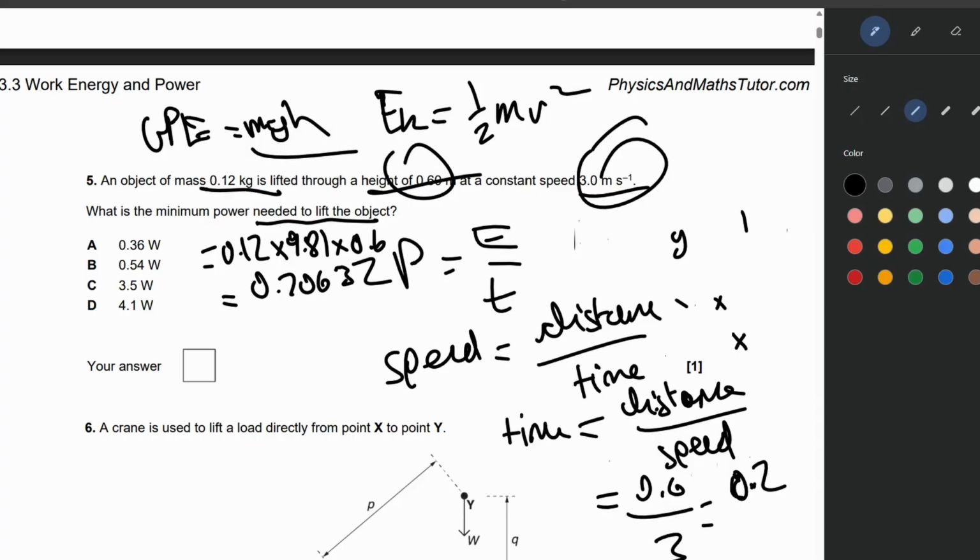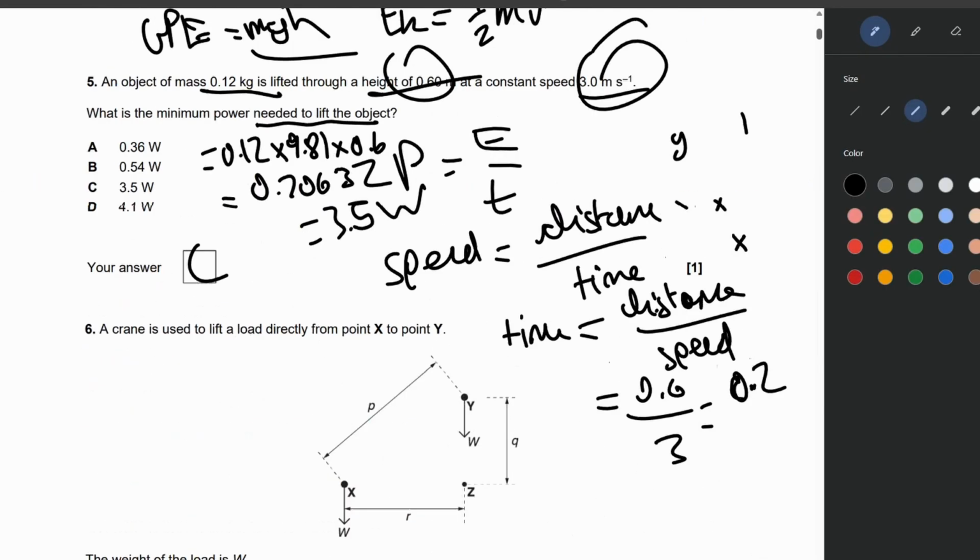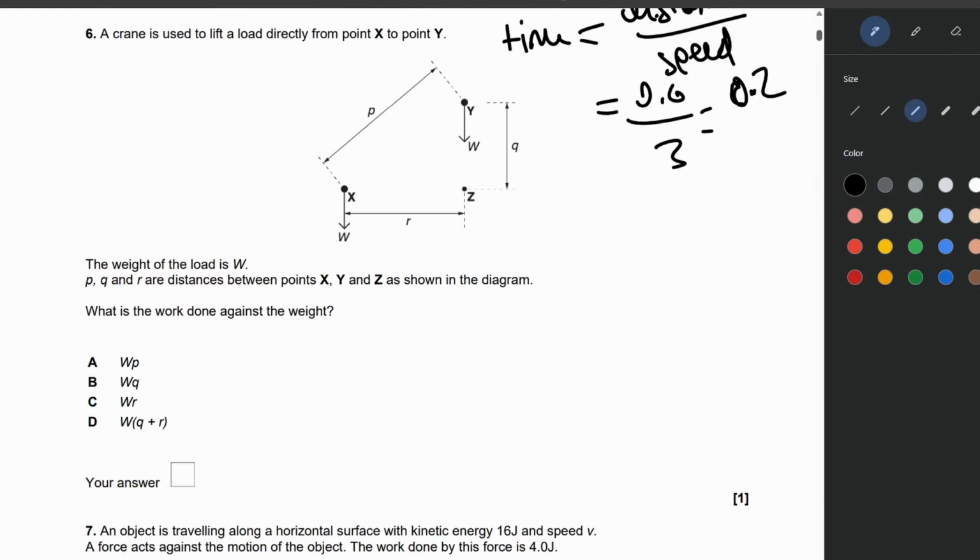So energy over time, this answer divided by 0.2, is 3.5. Yes, see, I do know physics. 3.5 watts. Just do one more question and then I'll look at the mark scheme.